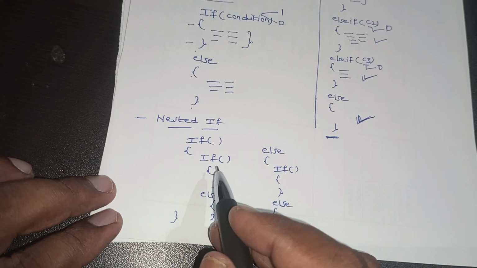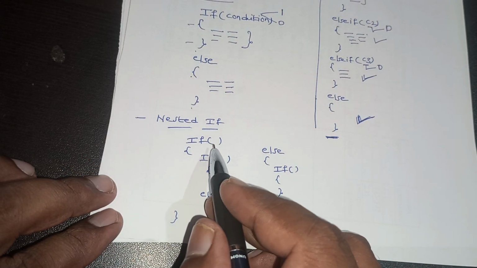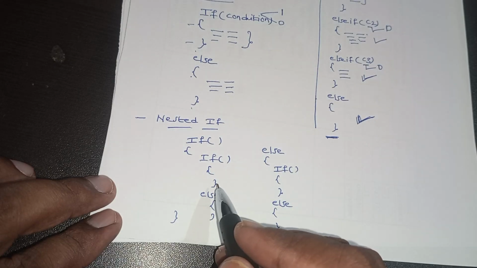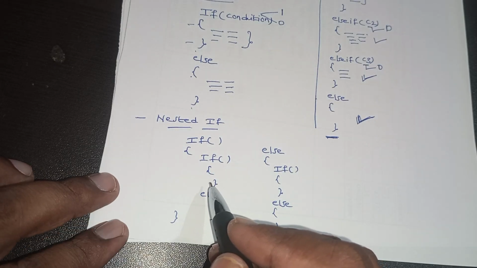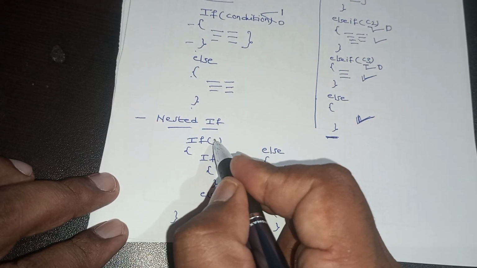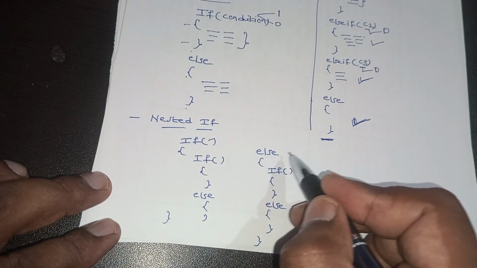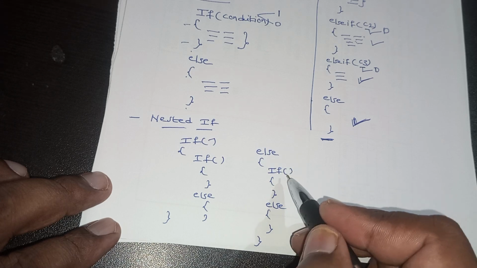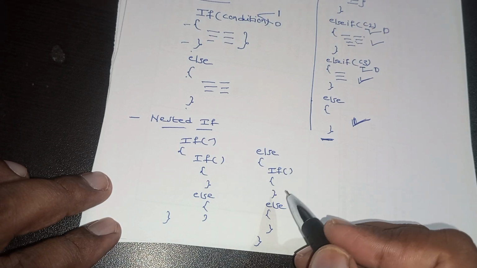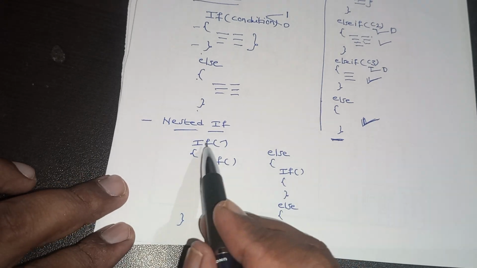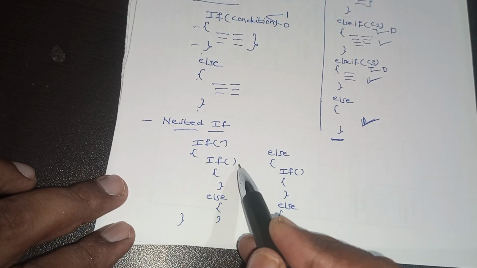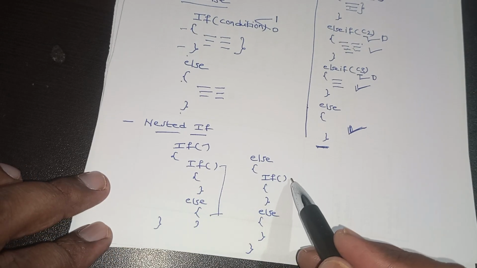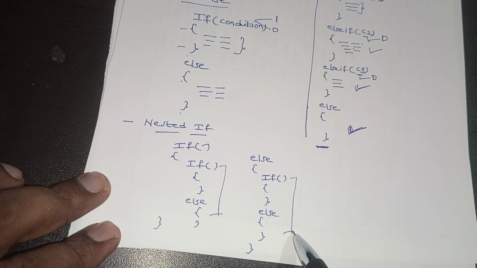Now next, for example, in this if block I have one more if else. For example, if the condition is false, I have to go to the else block and execute these statements. See, by observation, this is the outer if, this is the inner if. In the else block I have one more if else block.